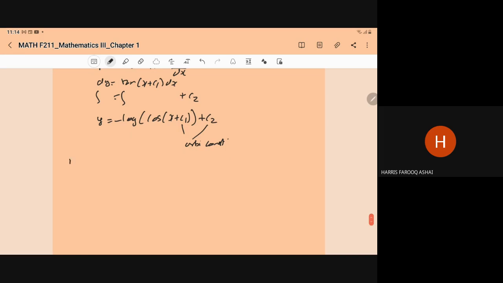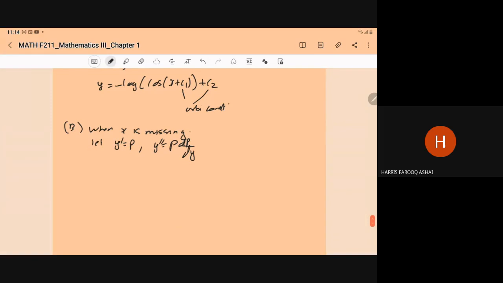Now if you discuss the second case, when x is missing, at that time we have to assume let y dash is equal to p, or y double dash is equal to p into dp by dy.